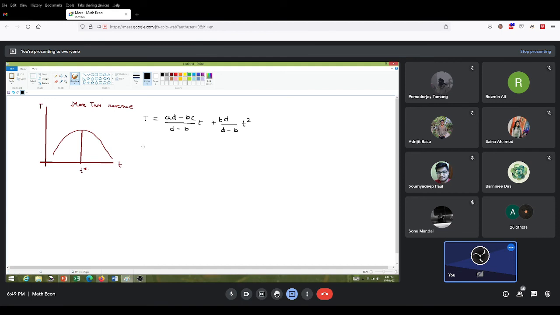Okay, so what we want to do is maximize T by choosing the tax rate.